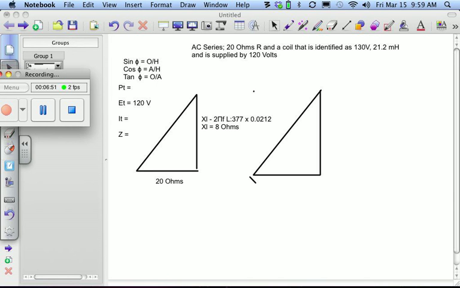So if we take 20 and divide by second function answer, in other words, the cosine, we'll get 21.54. That is our hypotenuse, our impedance.